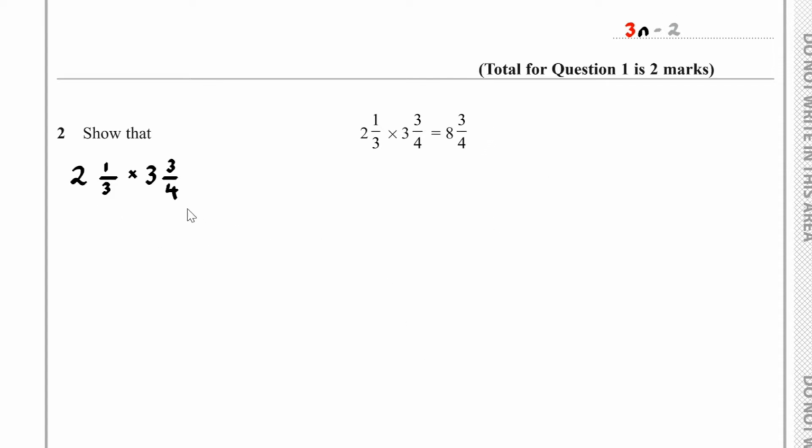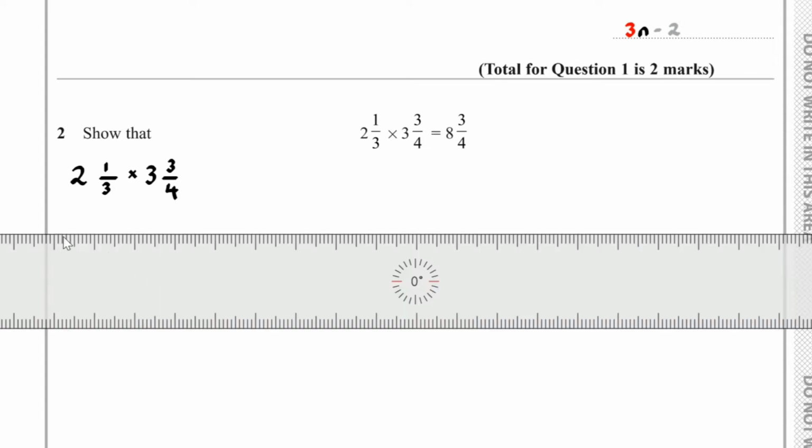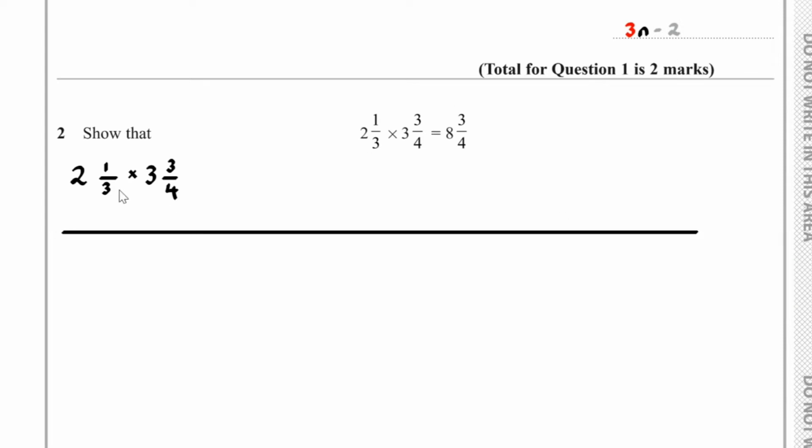So, beginning with the left hand side, if we convert these mixed numbers to top-heavy fractions, we've got 2 multiplied by 3 plus 1, divided by 3, being multiplied by 3 multiplied by 4 plus 3, divided by 4.